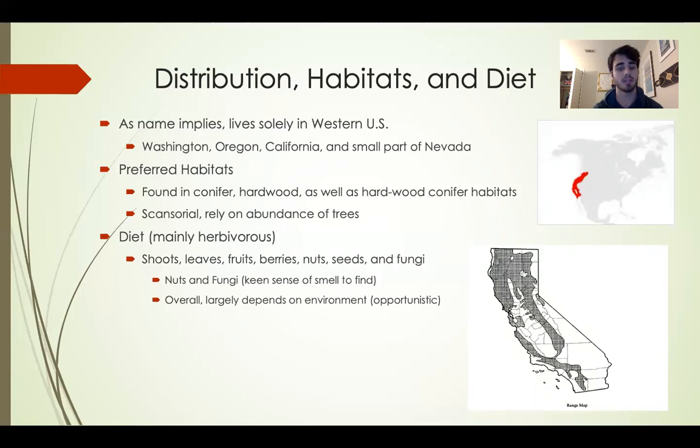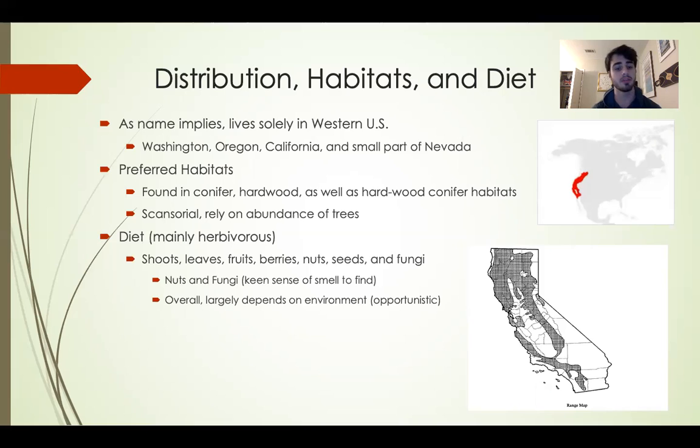Their preferred habitats tend to be conifer, hardwood, as well as hardwood-conifer habitats, so mostly areas that are densely treed, as the organisms are scansorial, so they rely on an abundance of trees. Their long claws allow them to climb trees really quickly, and the way that they can rotate their palms allows them to scale or descend trees very rapidly as well.